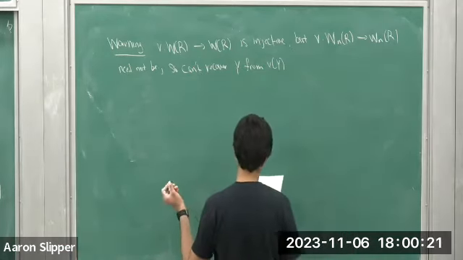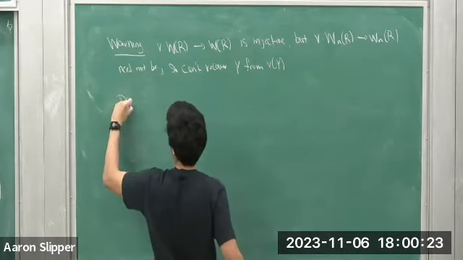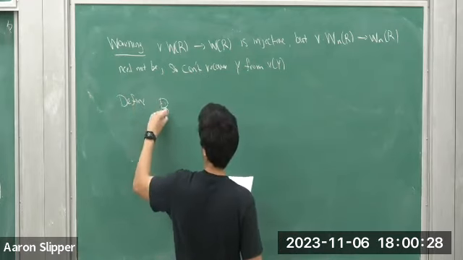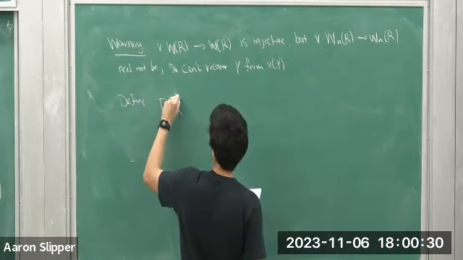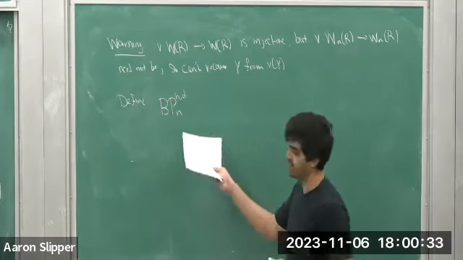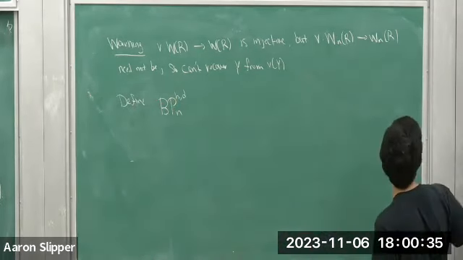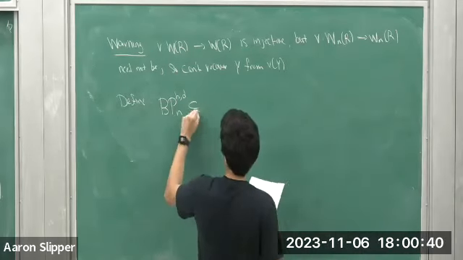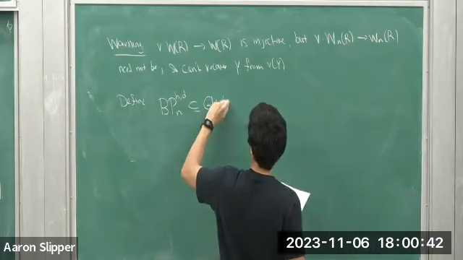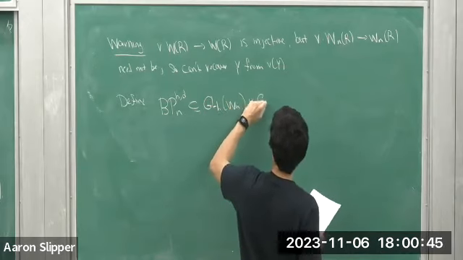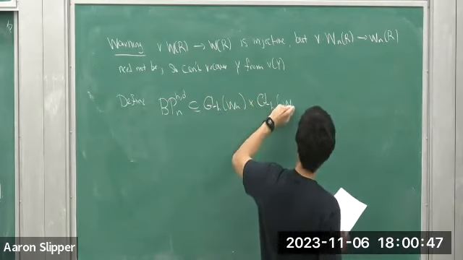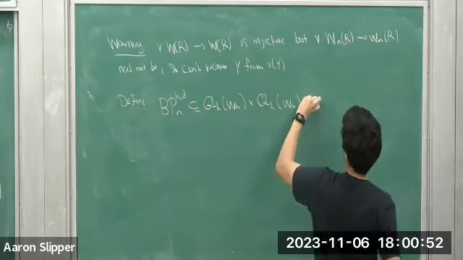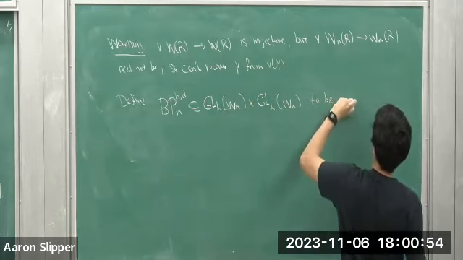So we define a subgroup denoted BP_n H_D. The BP, I think, is notation from Drinfeld, and it stands for Mumford-Tate groups. Inside the product, it's going to be pairs of block matrices.